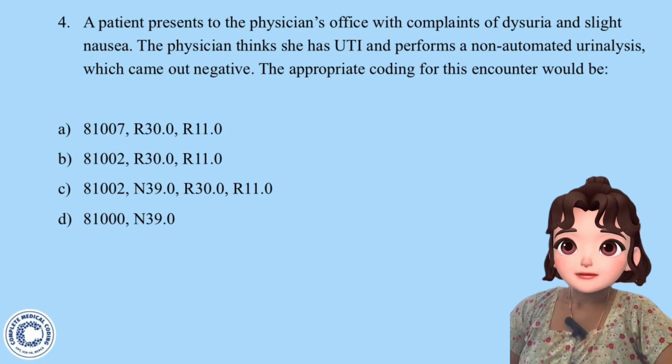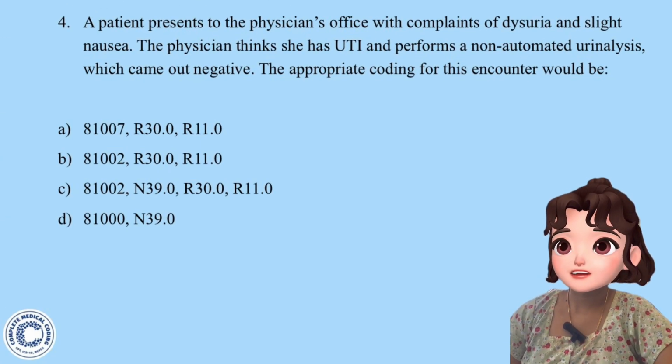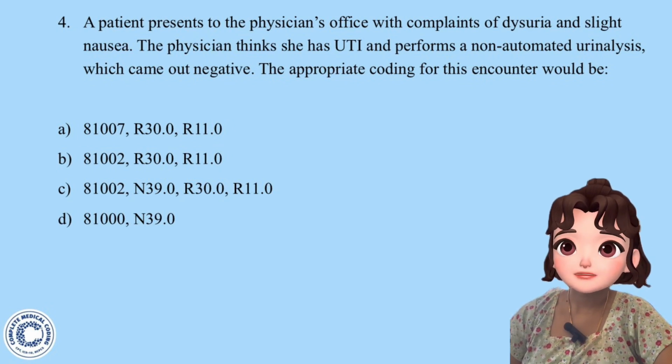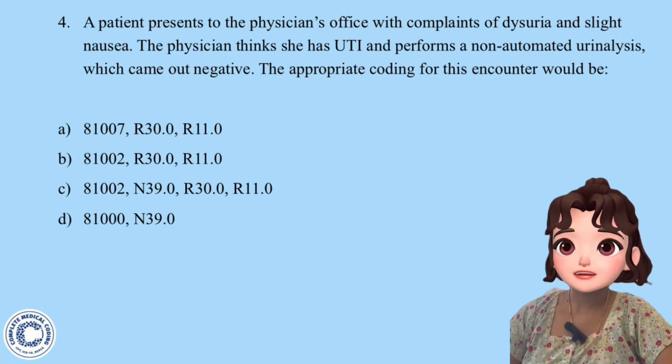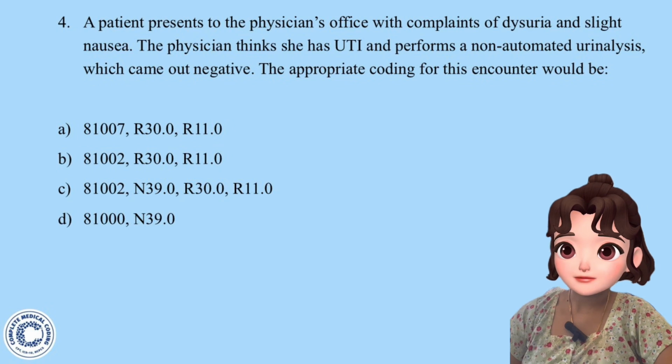Now fourth question. A patient presents to the physician's office with complaints of dysuria and slight nausea. The physician thinks she has UTI and performs a non-automated urinalysis which came out negative. The appropriate coding for this encounter would be.